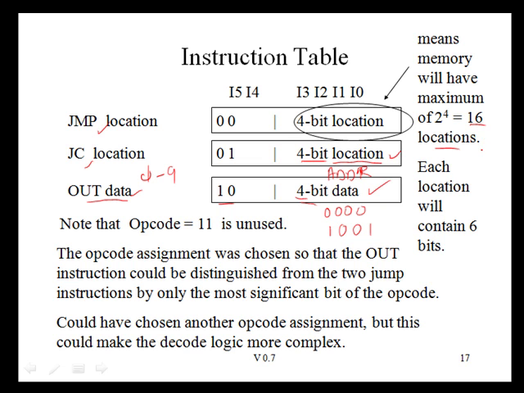It will also limit our program to only being able to contain 16 instructions. The total width of our instruction, which is how many bits we need per memory location, is going to be 2 plus 4, which is 6 total bits. So this gives us a very efficient encoding for our instruction. Each instruction will take 6 bits.